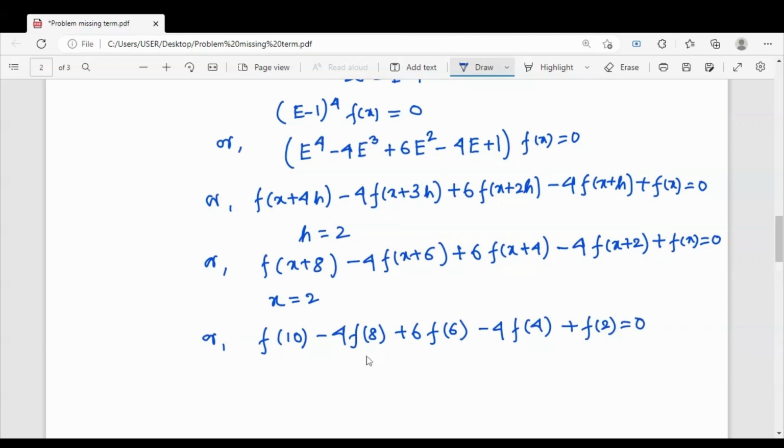Now for this problem we have to find f of 8. Now we put the values of f of 10, f of 6, f of 4 and f of 2 from the given table.